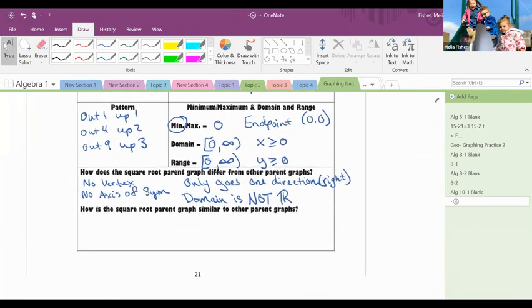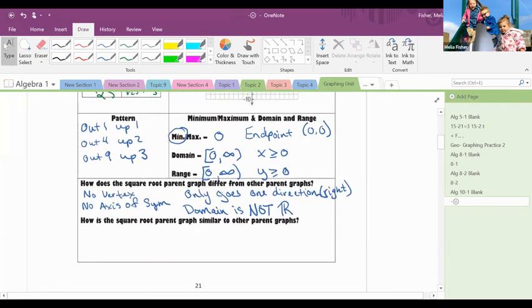Sliding up. How are they similar? There's a pattern. And I'm going to say it's opposite of x squared, right? And there is no slope, right? So there's no constant rate of change. There is an average rate of change, but no constant. So that's the same as absolute value and quadratic, right?